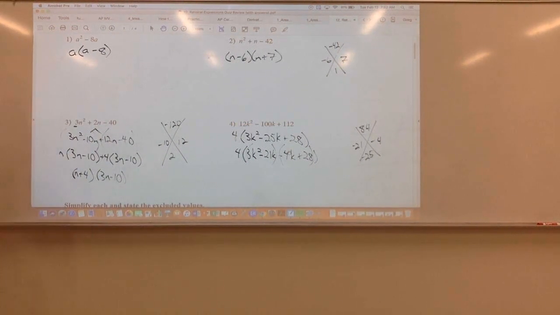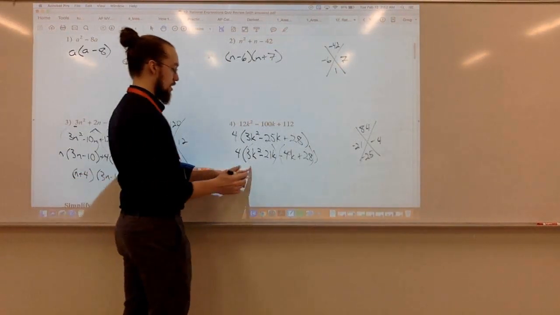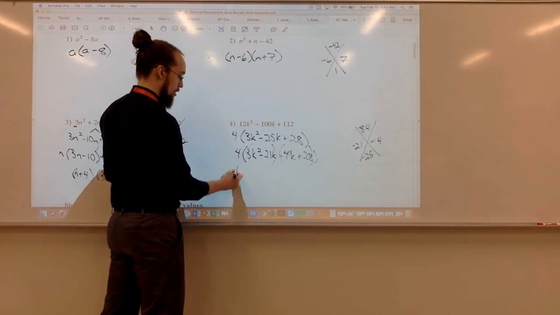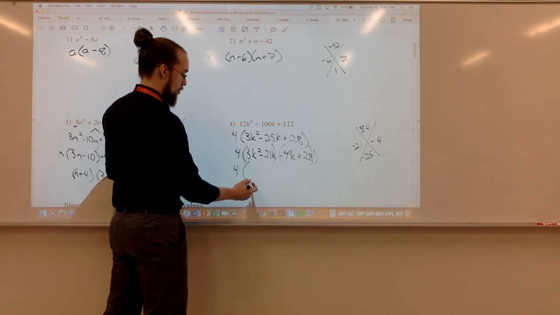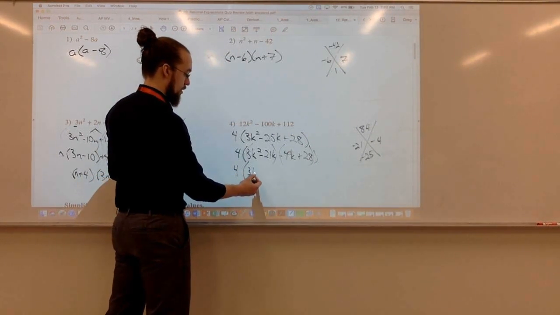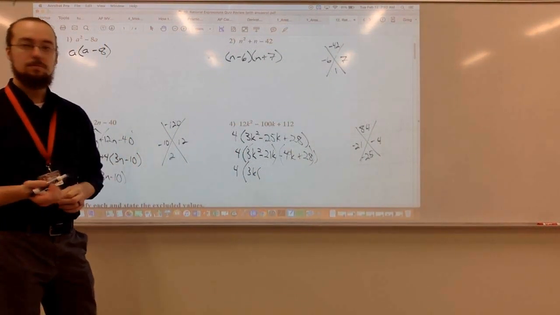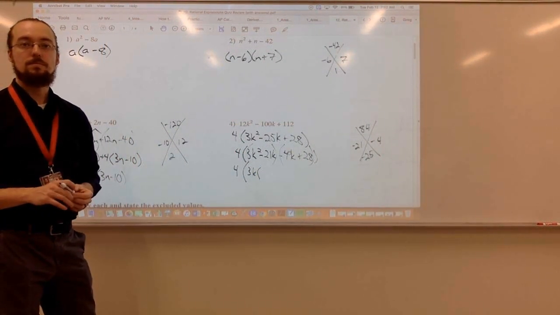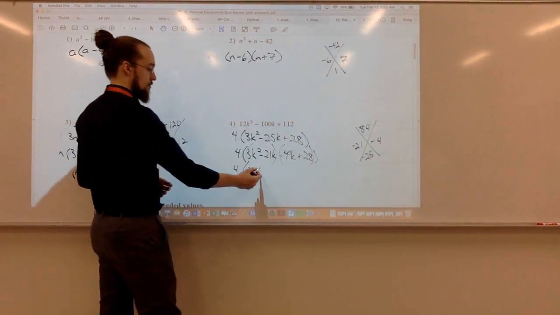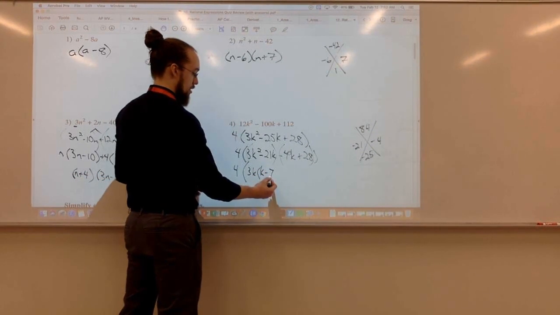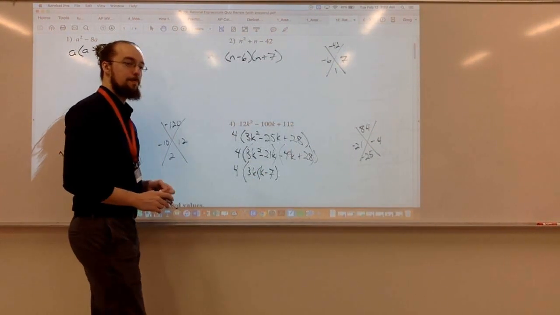What can I take out of both of those? Yeah, I can take a 3k out of both of those. So I'm going to leave that 4 out front for now. So if I take a 3k out, what am I left with? Yeah, I'm left with k minus 7.